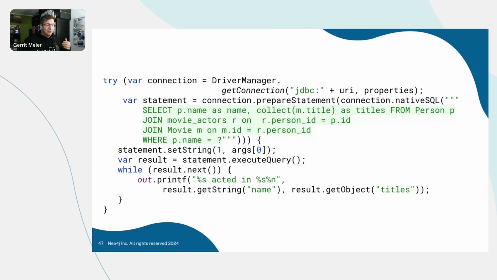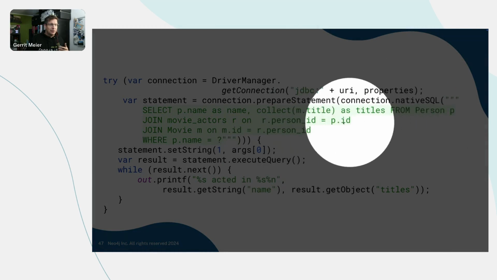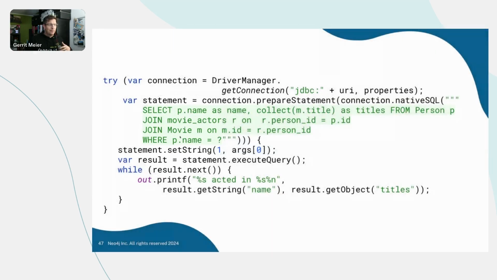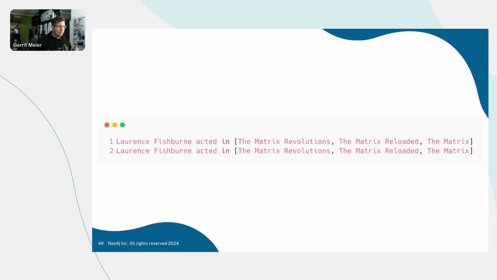But I can also use this native SQL function to translate SQL to Cypher and then create a prepared statement to provide the parameter and execute it. Both come to the same conclusion if I execute them one after each other: we still find our actor with the 3 movies.